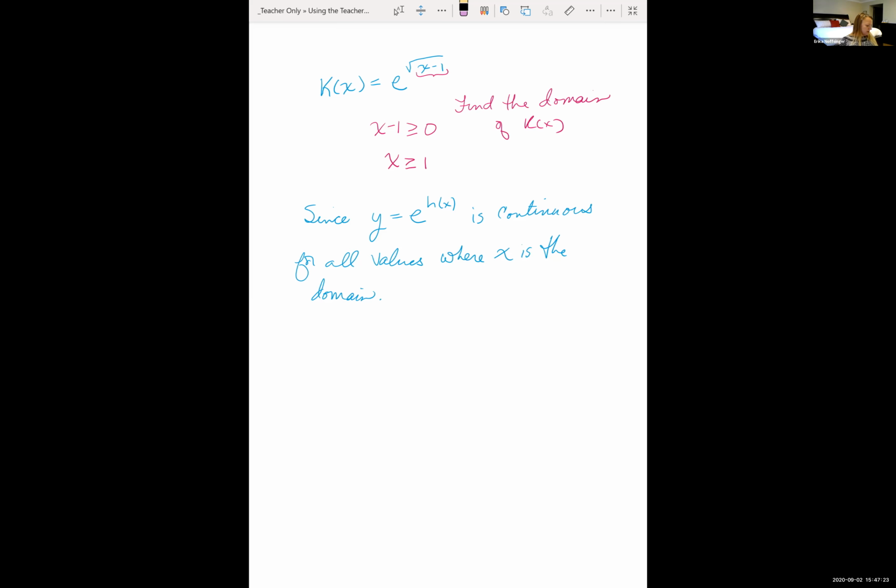Curious what they wrote. And they didn't. It just wants to know where it's discontinuous. So I guess we could just say it's discontinuous at x less than 1.